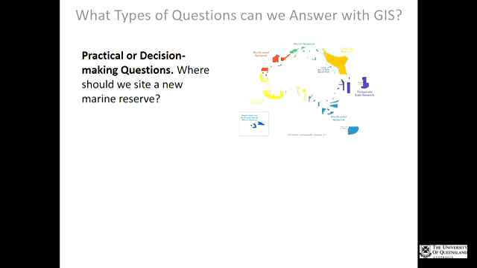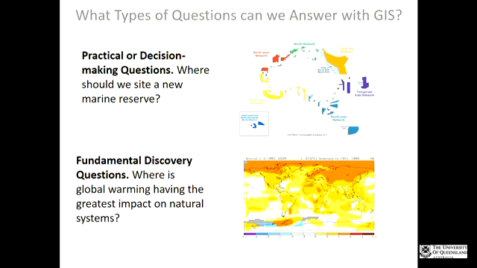So yes, practical decision-making questions are one. I think the John Snow example is an example of solving a problem and practical decision-making. But often we're also interested in fundamental discovery type questions. There may be things we're just interested in understanding, and that's another use of GIS.